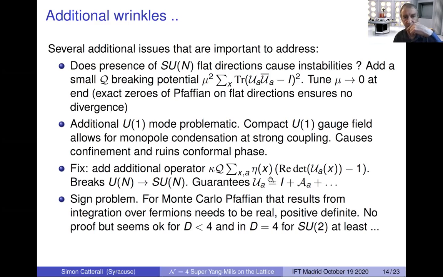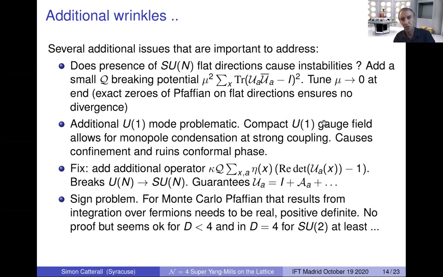So what we do is add an additional Q-invariant operator to the action. It just couples eta to the real part of the determinant minus 1. What happens is this adds an additional potential term to the bosonic action, which keeps the determinant of U close to 1. If you want, it takes these variables, which originally were complex gauge links valid in GL(N,C), and it essentially changes the moduli space so that they live in SL(N,C).